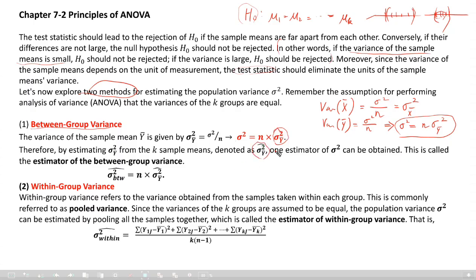Then we obtain an estimator of sigma square that we call the between group variance estimator of sigma square. Therefore, by estimating this from the K sample means, denoted as sigma y bar square hat, one estimator of sigma square can be obtained. This is called the estimator of between group variance.